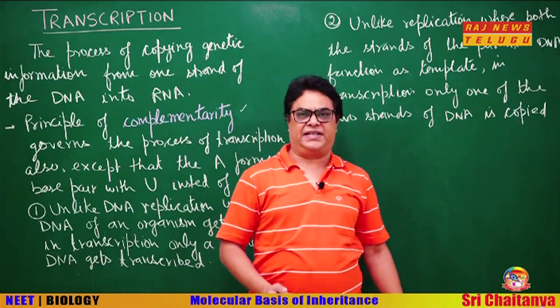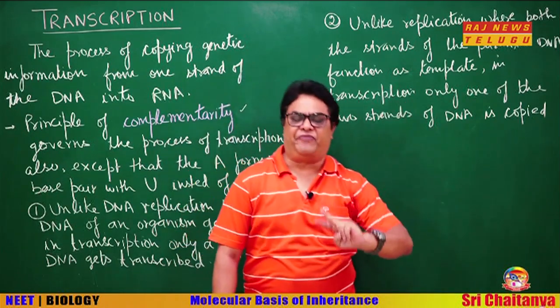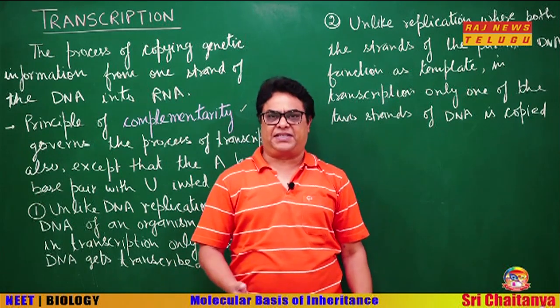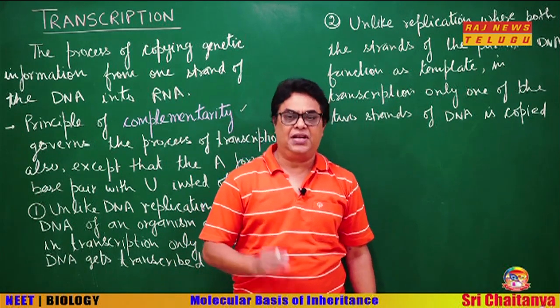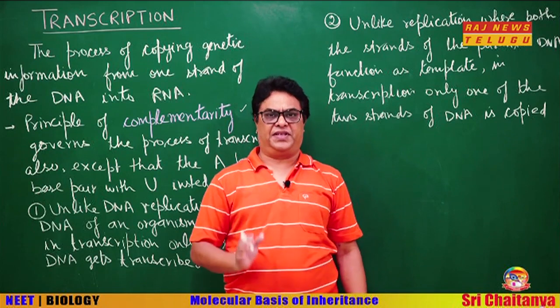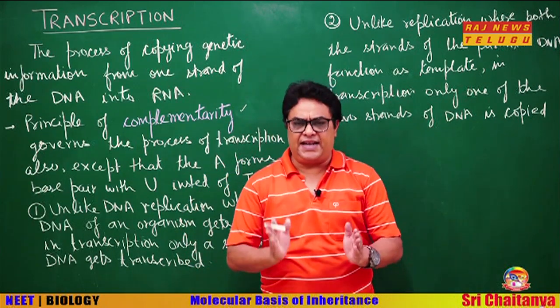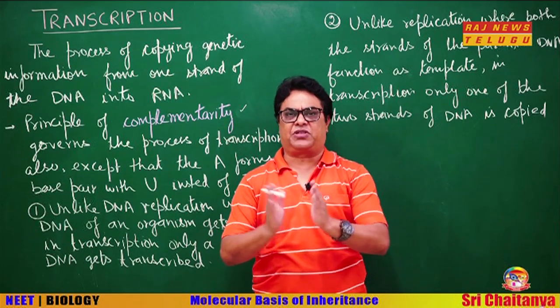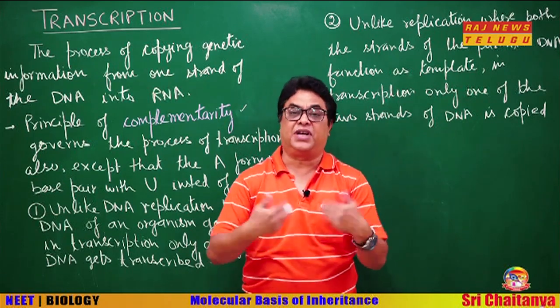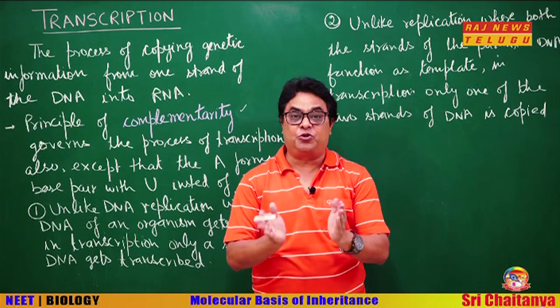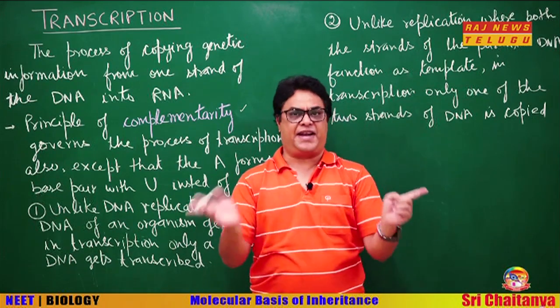Now, the question arises: why does only one of the two strands of DNA participate in transcription? There are two simple reasons to explain this. First, remember the two RNA that will be produced by the two strands. If both undergo transcription, these two RNA will be complementary and not similar.